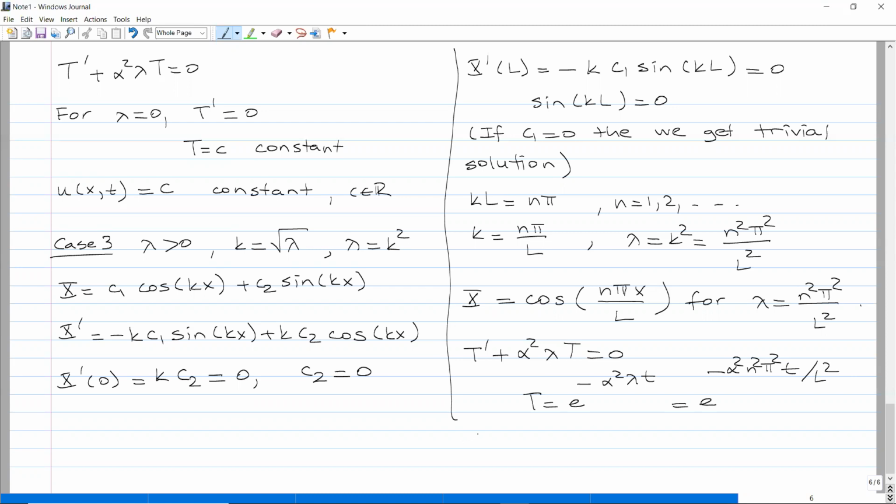So for each n, 1, 2, and so on, we obtain the solution u sub n, which is e to the minus alpha squared n squared pi squared t over L squared times cosine of n pi x over L.